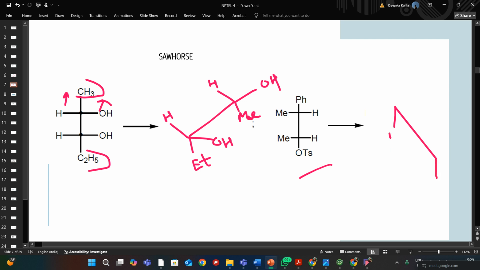So this will be the phenyl substituent, and here you will get the tosyl protected hydroxy group, and the horizontal substituents will be methyl, methyl, hydrogen, and hydrogen. Thus, we have converted the given Fisher projections into Sawhorse projections. I hope it is clear to you.